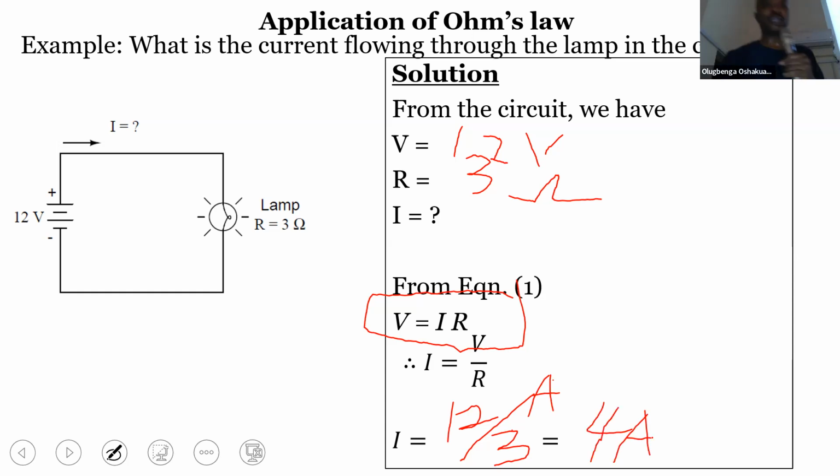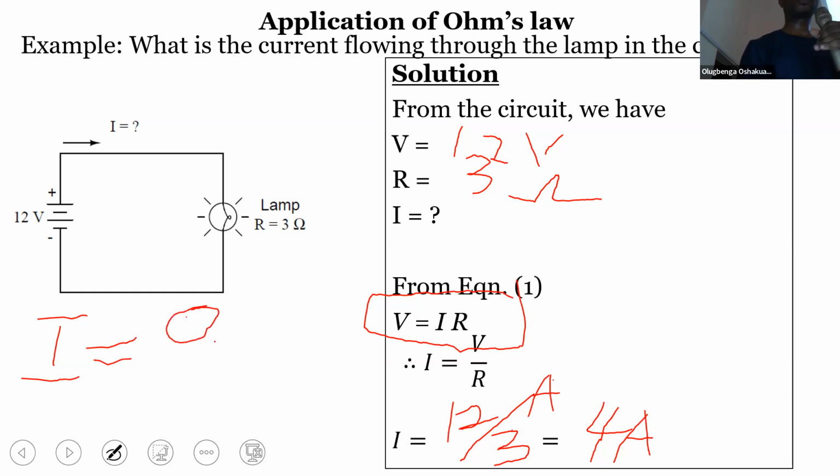So, like we've known before, but I'll tell you again, voltage supply is measured in volts, resistance is measured in ohms, while current flow is measured in amperes. So those are the SI units. And we will say current is the rate of flow of charges.